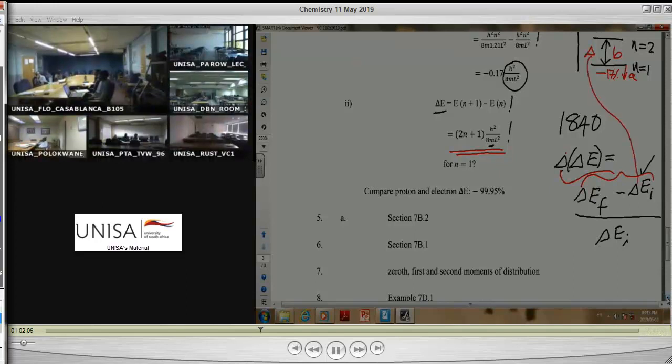If it was N1, N2, and N3, remember, we're looking at adjacent energy levels. In a different scenario, let's take N2 and N3.